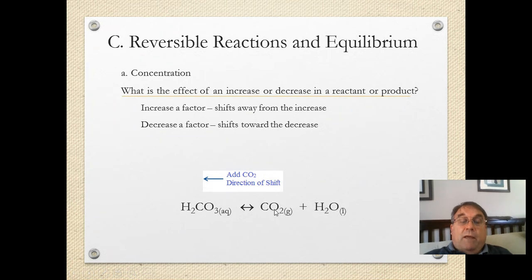Well, that's how they make carbonation. They take water and they bubble CO2 into it, so you end up with carbonic acid. If you remove CO2, like when you open a pop bottle, the CO2 is allowed to leave, so you end up with the production of more CO2. The shift is in this direction.